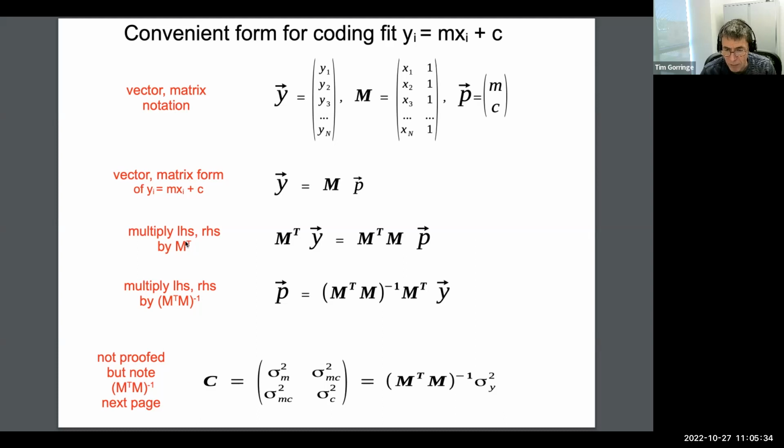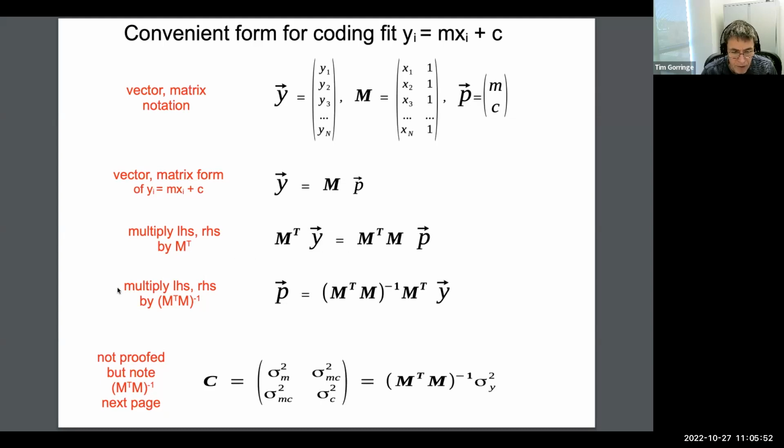The rows become the columns and the columns become the rows. So I'm just multiplying by the transpose of M, on the left-hand side and on the right-hand side.